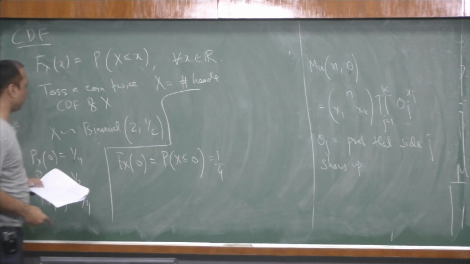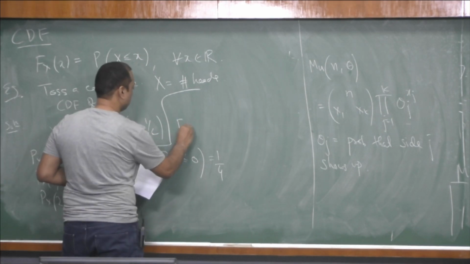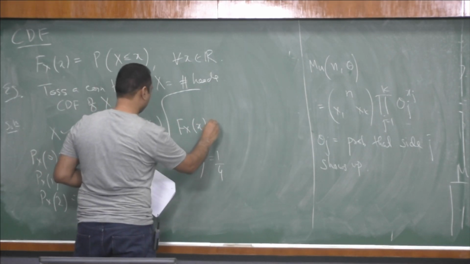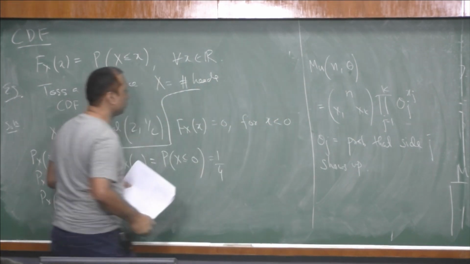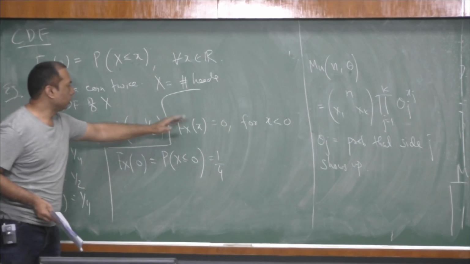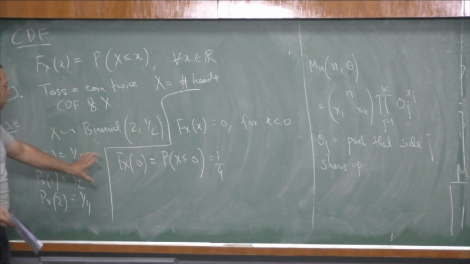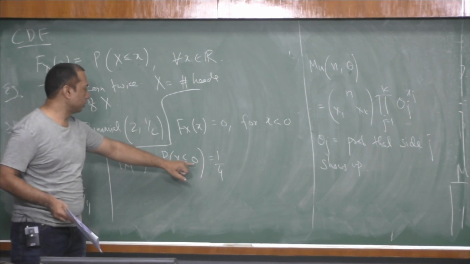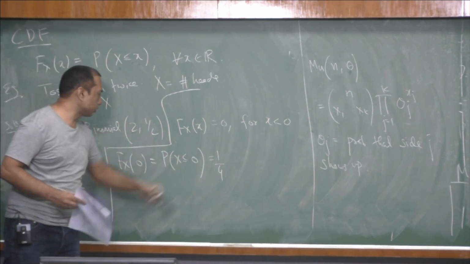If x is strictly less than 0, obviously it's 0 everywhere. Separately we can write that for the negative cases: F_X(x) is 0 for x less than 0. These are boundary cases. They don't happen, but they cover all the cases. For negatives there is nothing to do. For x equal to 0, in that case it's 1/4.